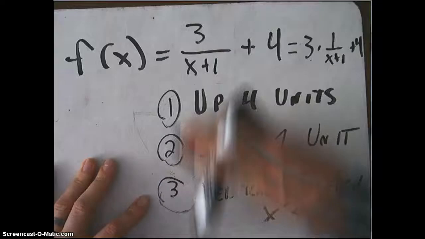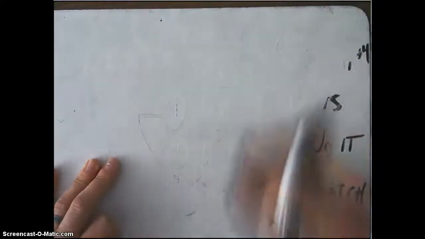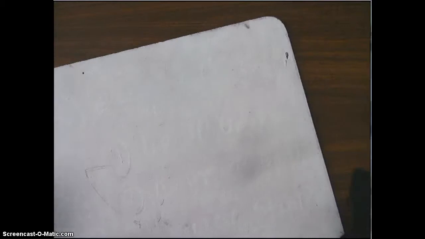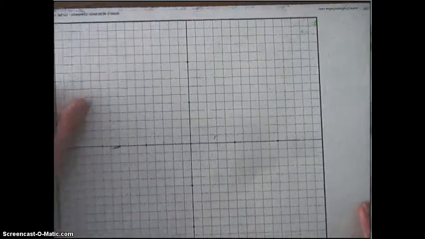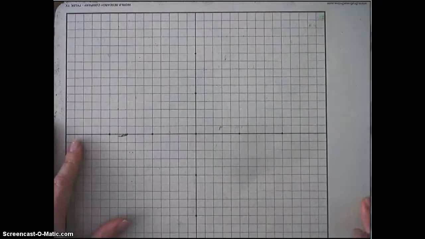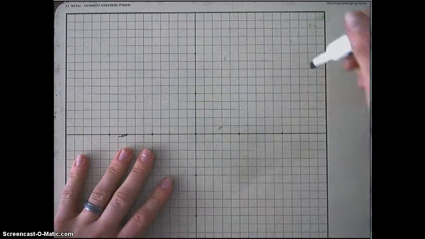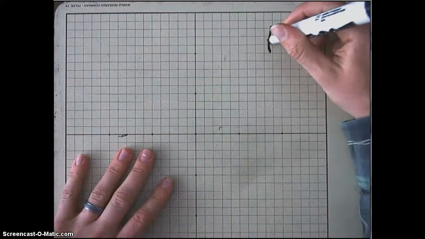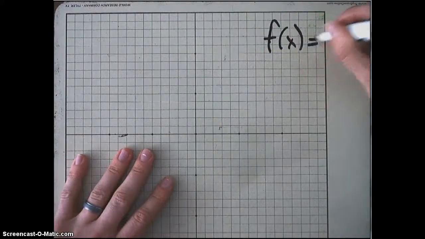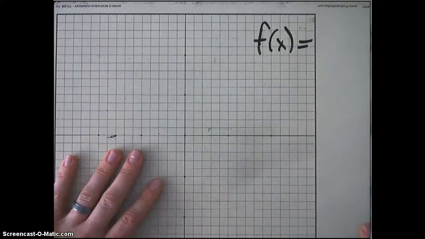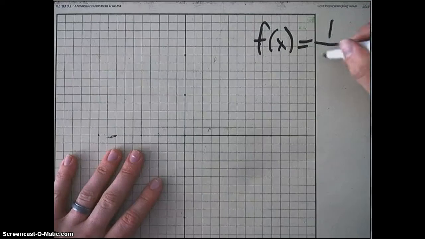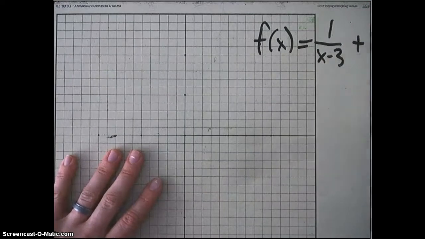Now let's talk about how to graph some of these. So let me make up one again. Let's say f of x equals 1 over x minus 3, plus 1.